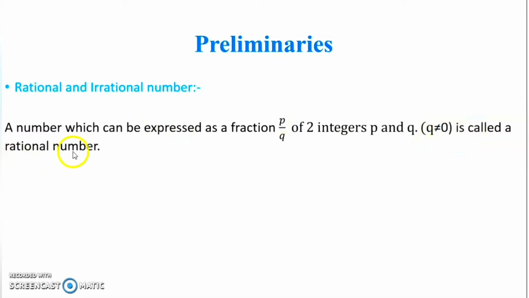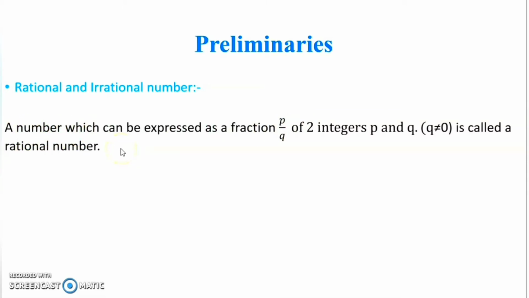If you have any number which can be written in this form p upon q, where both p and q are integers and necessarily q is in the denominator so it cannot be 0, then such a number is known as a rational number.